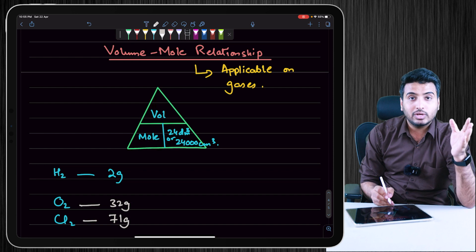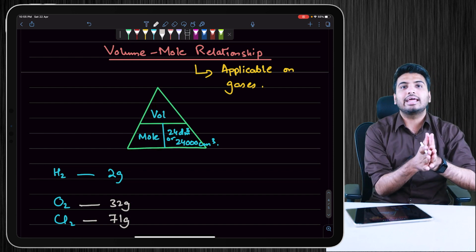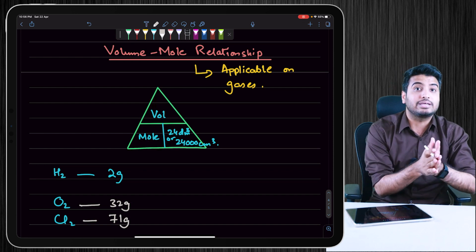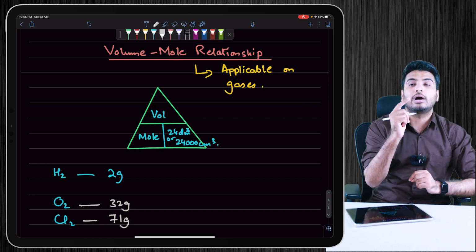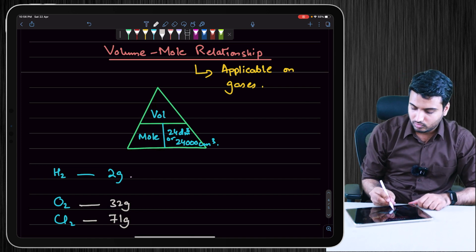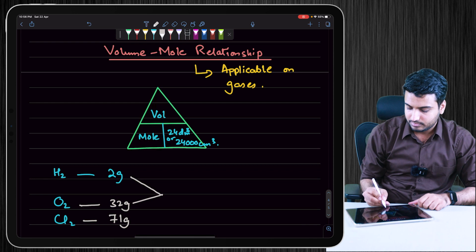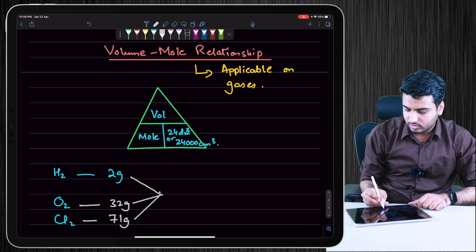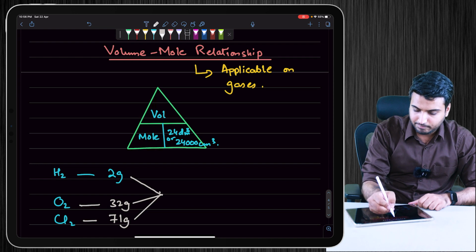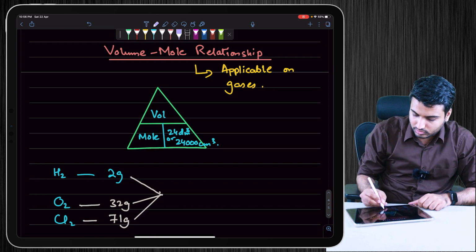As these masses are expressed in grams, each is equal to 1 mole.